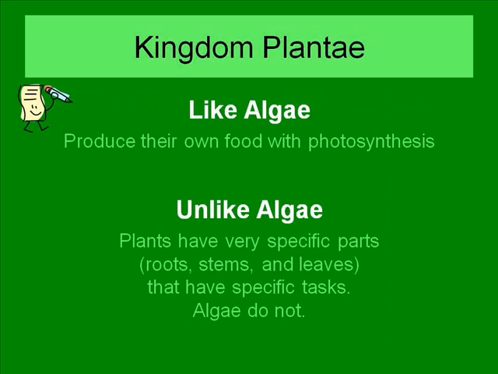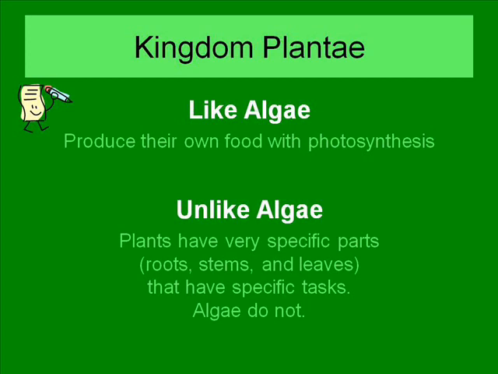Now, let's review again the differences between algae, which is part of Kingdom Protista, and the other plants in Kingdom Plantae. Algae and plants are similar because both produce their own food with photosynthesis.